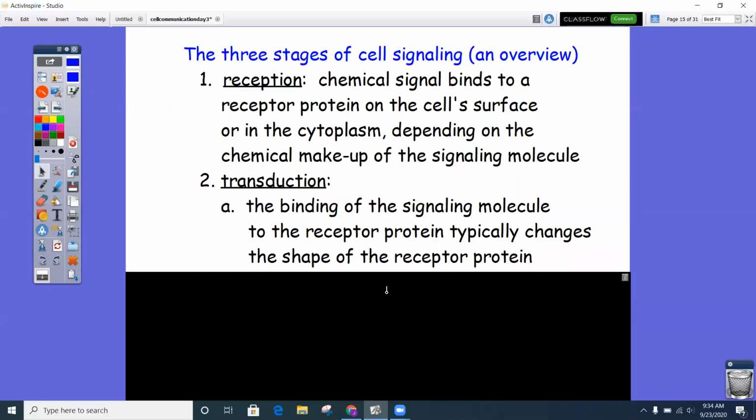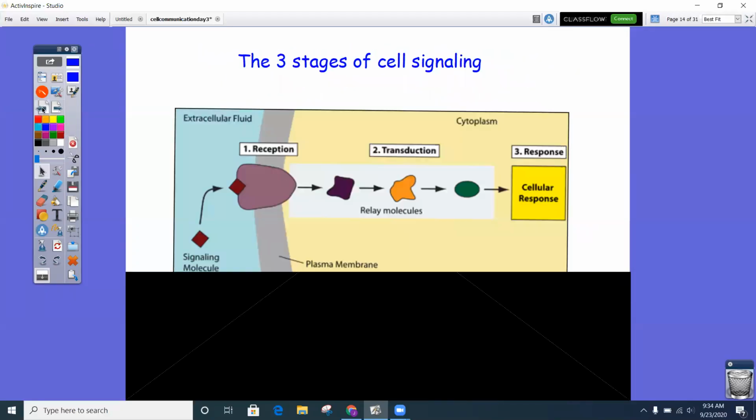Transduction. So keep in mind, remember we talked about receptor proteins in the cell membrane in the last unit, and we said that they're not actually trying to get a whole molecule into the cell. Like if we go back to this picture, we're not trying to get this signaling molecule into the cell. What we're trying to do is send a message to the interior of the cell.